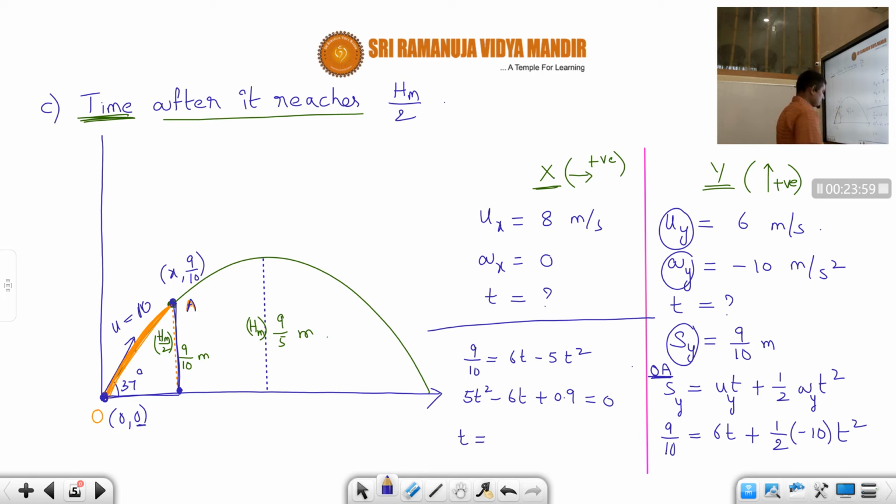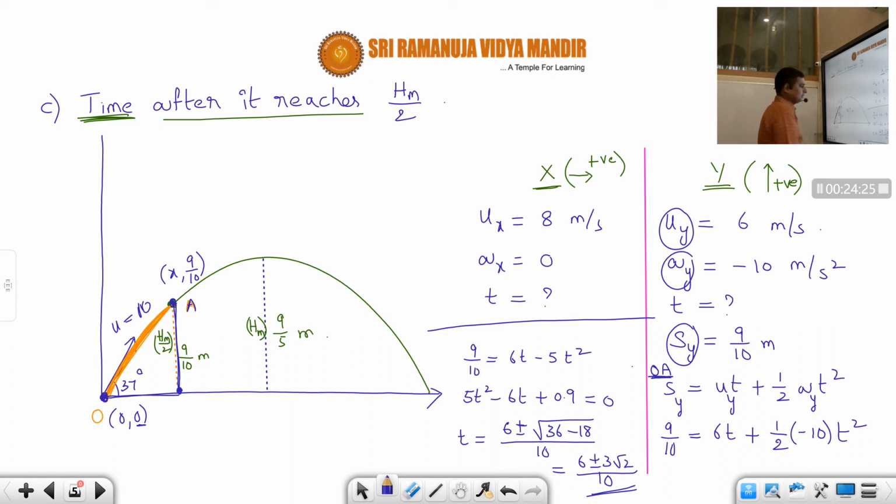So this is a quadratic equation. If you solve for the roots, t is equal to minus b plus or minus root over b square minus 4ac, 4 times 5 is 20, 20 into 0.9 is 18, divided by 2a, which is 10. So that is equal to 6 plus or minus root of 36 minus 18, which is 18. Under root 18 means 9 times 2, that means 3 root 2, divided by 10. So this is the answer.